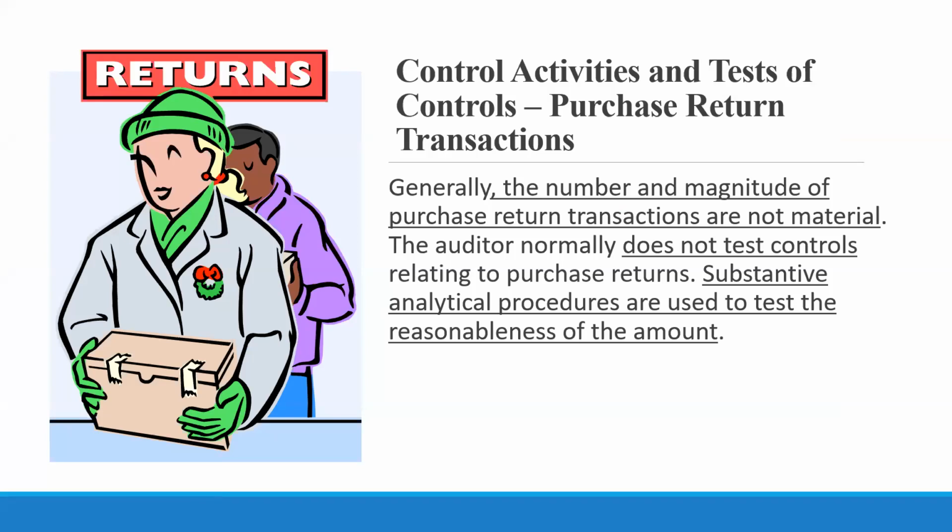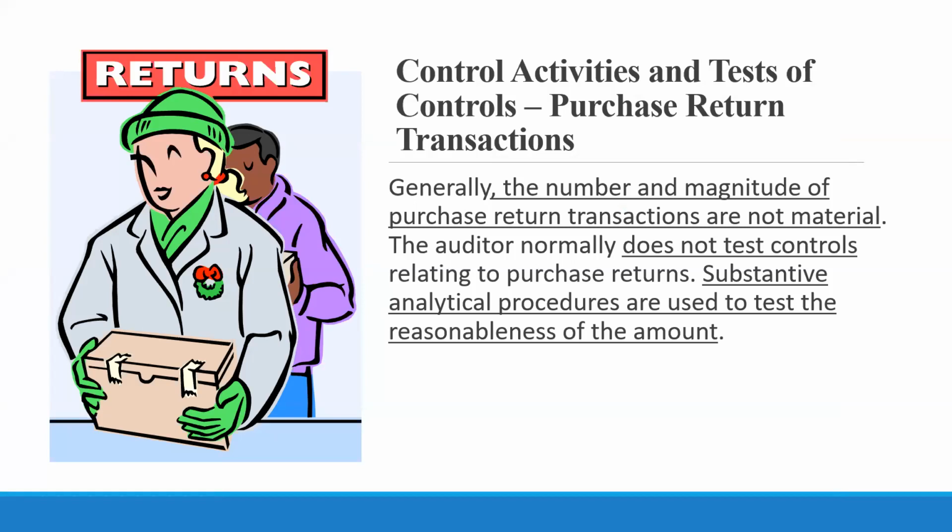We also want to emphasize the control and test of controls regarding purchase returns. When you are dealing with purchase transactions, purchase returns wouldn't be a very big concern for the company and also for the auditors, right?